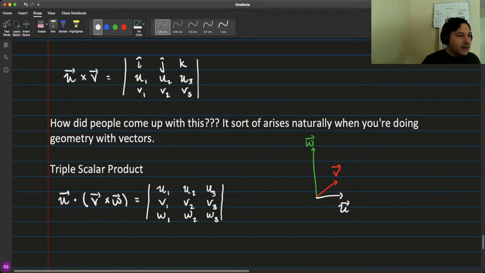So you could draw a box. Let me show you what I mean by a box. I'm going to put another copy of v right here, and another copy of u right there.